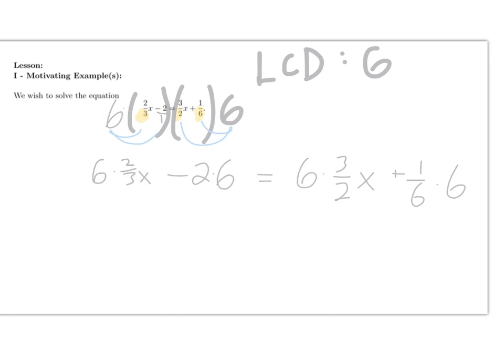Now, here's the interesting part. We now are multiplying some fractions out here. You could clean this up a couple of different ways, but the way I tend to think about it is I like to divide first. 6 divided by 3, 6 divided by 2, and 6 divided by 6.